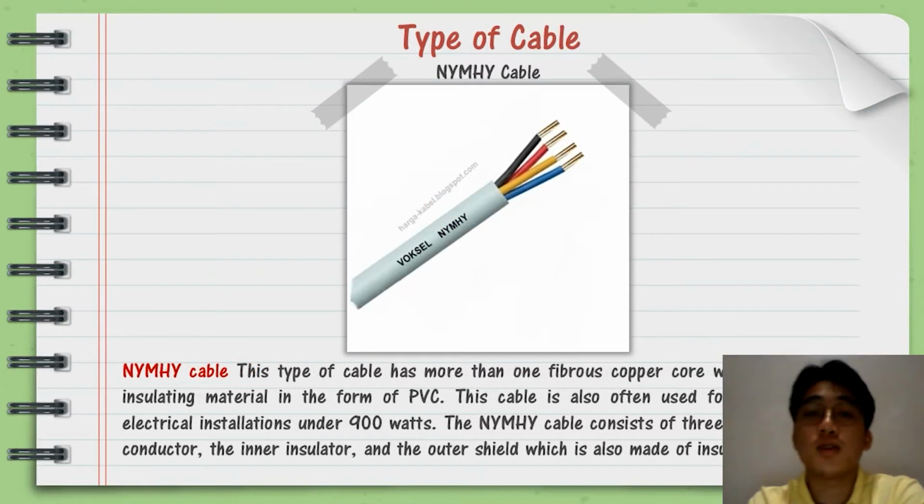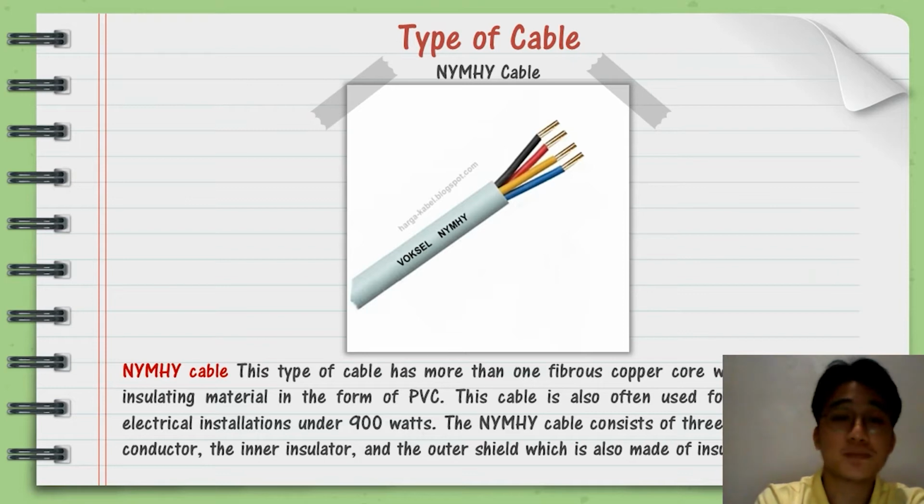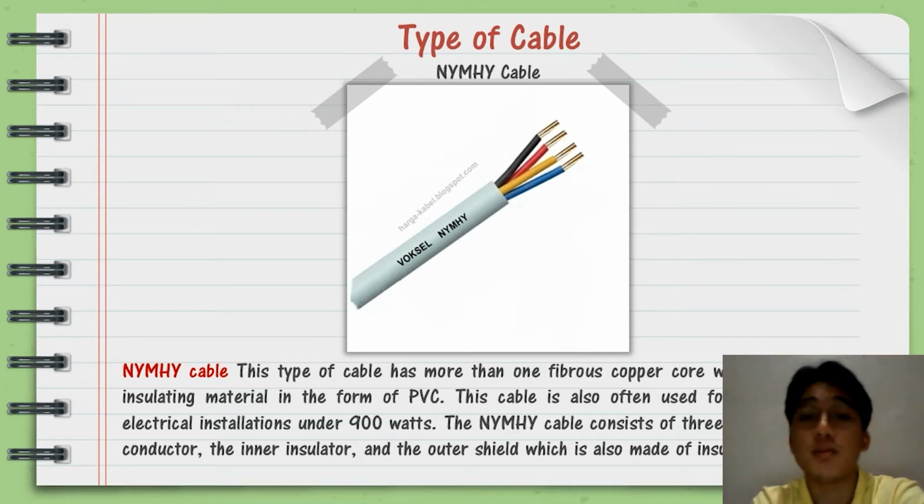Assalamualaikum warahmatullahi wabarakatuh. My name is Muhammad Fauzi Gymnastiar, and I will explain about NYMHY cable. This type of cable has more than one fibrous copper core with the outermost insulating material in the form of PVC.